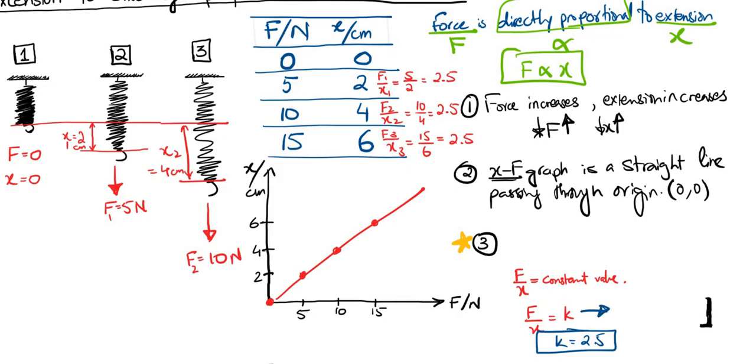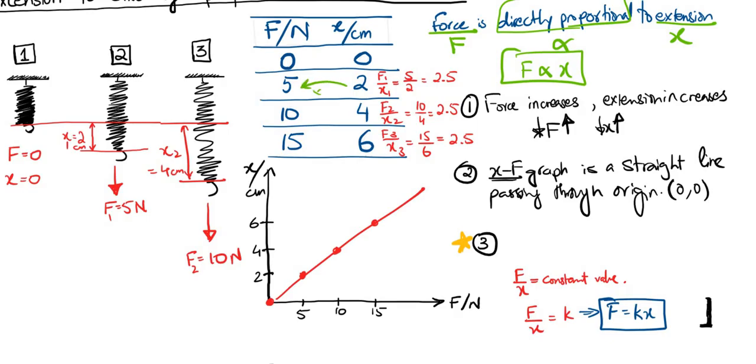Now this also means, look at this equation, इस equation को rearrange करूं मैं and I multiply x over here with k, what I get is force equals k multiplied by extension. तो अगर मैं extension को 2.5 से यानी k से multiply करूं तो I will get force.